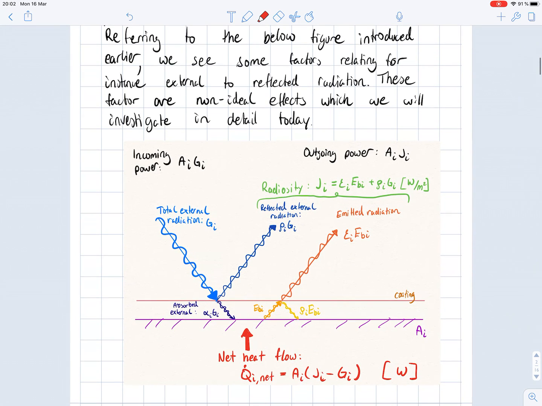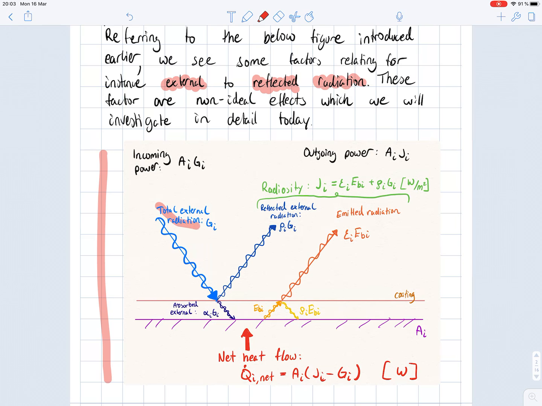If we refer to the figure that I introduced in the last lecture, shown here, we see that we have some factors that relate, for instance, the external to reflected radiation. And that particular relation is given here.